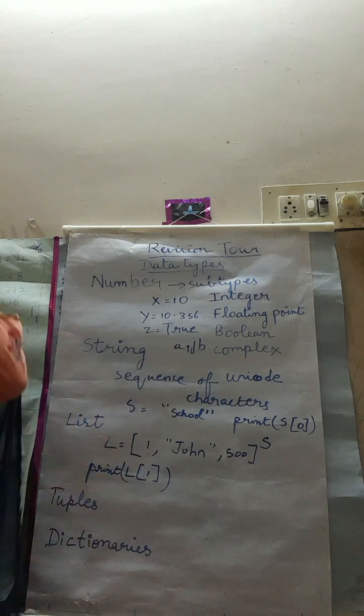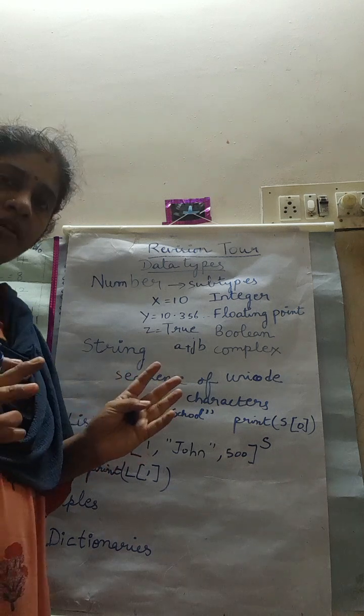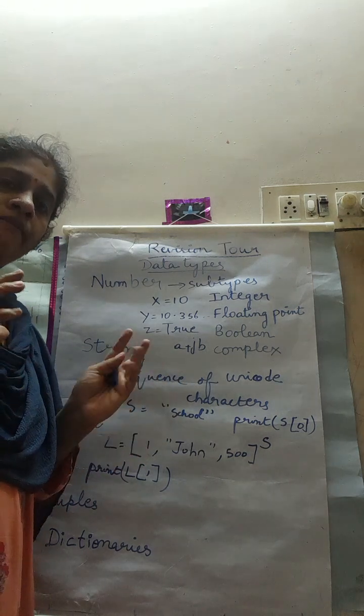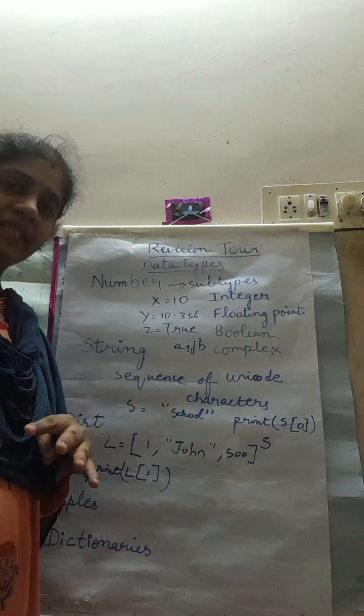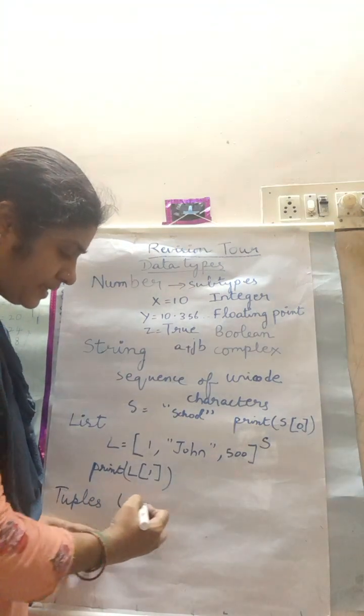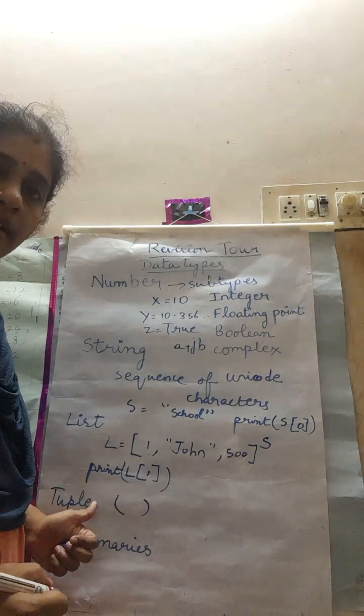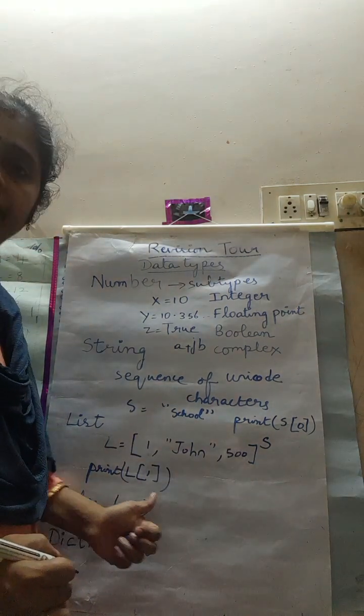And what are tuples? Tuples are the same thing: a group of comma separated values written within round brackets. Lists use square brackets and tuples use round brackets.